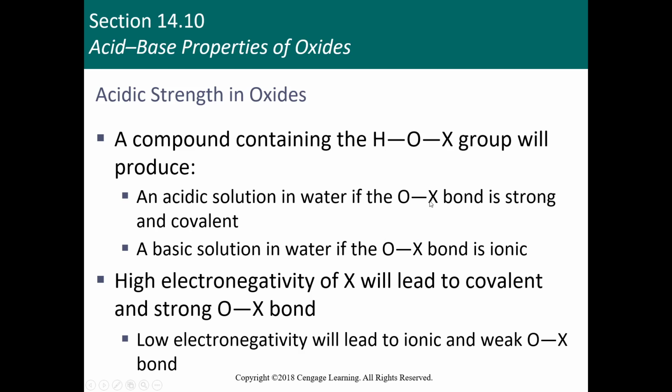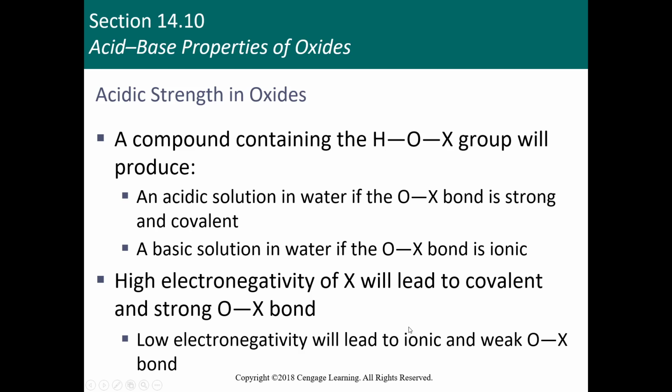But if you have a chlorate, ClO4, let's say, and that has an H on it, that's an acid, actually a strong acid. That's the difference: a strong covalent bond between the X, the Cl in this case, and the oxygen, versus an ionic bond, which is something like your sodium hydroxide.